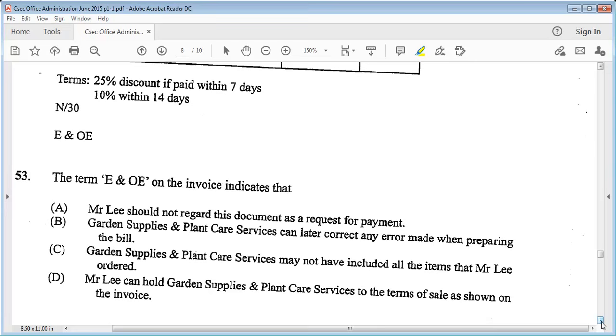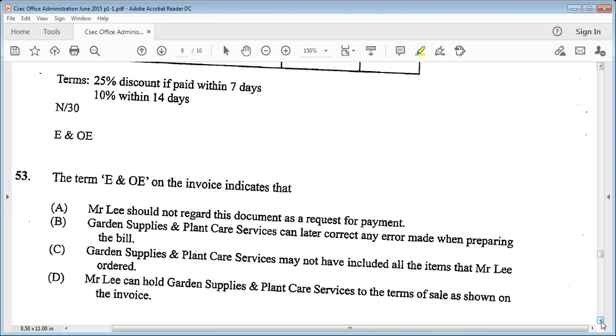So we know when we see E and OE, that initial stands for errors and omissions accepted. Now, this indicates that the supplier reserves the right to alter the invoice if a mistake has been made.